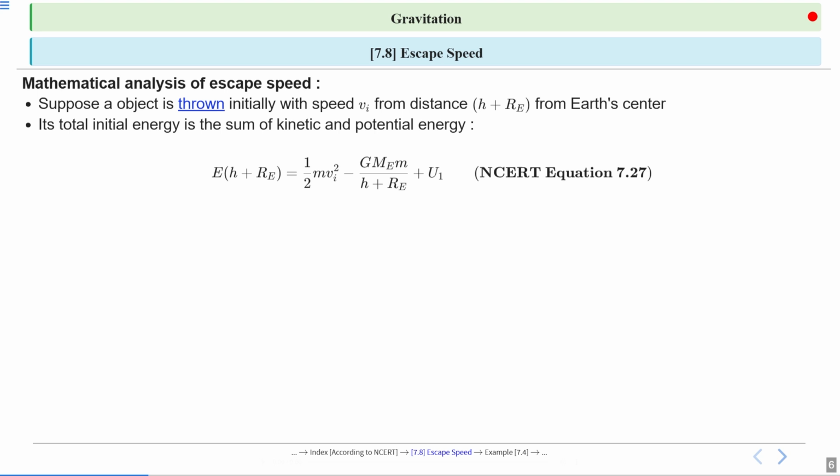In this equation, small m is the object's mass, capital G is the gravitational constant, capital ME is the Earth's mass, and U1 is a constant representing potential energy at infinity. This equation helps us quantify the energy at the starting point.